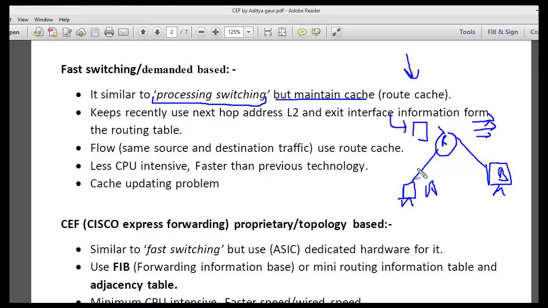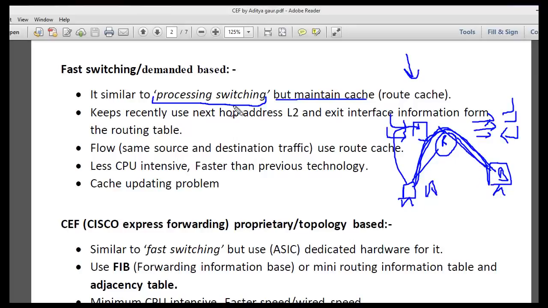Recently you forwarded a packet from computer A to computer B, or there is a flow, a bunch of packets going from computer A to computer B. Every time you don't need to go through the route lookup and next hop address lookup and all those things. You can cache that information and use it when you detect the same flow.